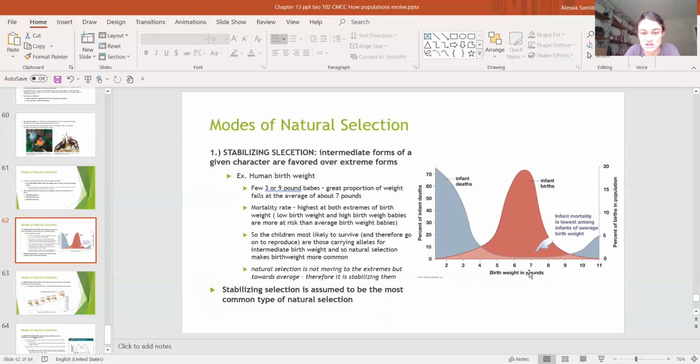Natural selection is going to select the intermediate traits, so being average size, moving away from the extremes and towards the average. That is why it's called stabilizing selection. This is usually the most common type of natural selection we have.